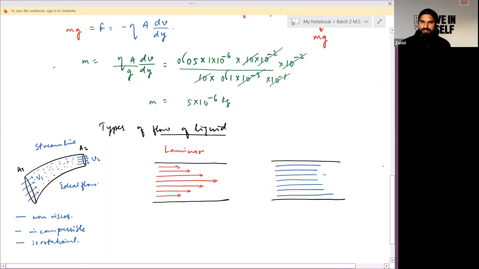Suppose there is some particle in its path at this point, so these two layers of liquid on striking it will get stopped. The next adjacent layer will move forward and it will experience some curling or eddy formation at this point. This type of flow in which there is some formation of eddies is called turbulent flow.